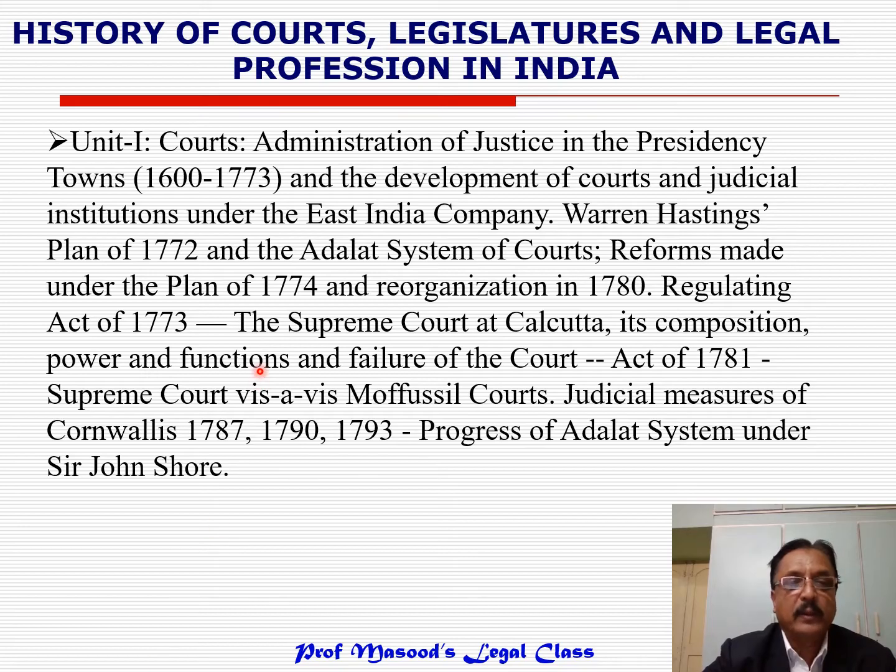Unit number one, History of Courts, Legislatures and Legal Profession in India. Under unit number one, it is about the courts. That is administration of justice in the presidency towns, 1600 to 1773, and the development of courts and judicial institutions under the East India Company, Warren Hastings' Plan of 1772, and the Adalat system of courts.